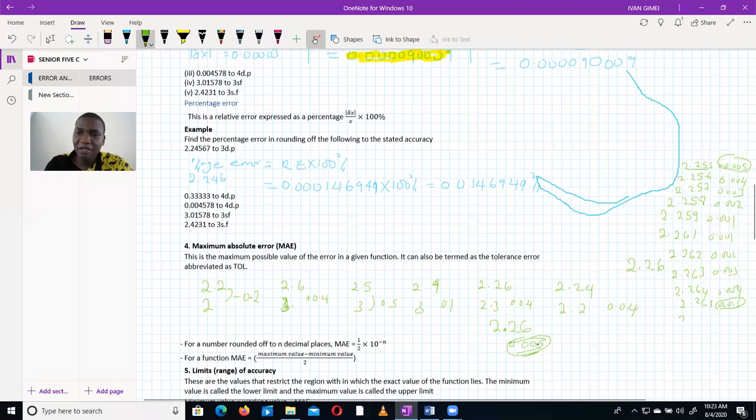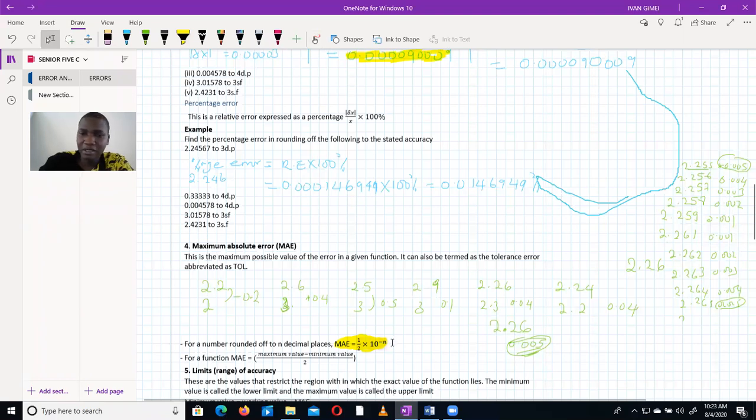We are saying that if you want to find the maximum possible error in any approximated value that has been rounded off to a given number of decimal places, this is the general formula we're going to use. Maximum absolute error in any number that has been rounded off to the given number of decimal places is obtained from this: a half times 10 to the power negative n. What does n represent?